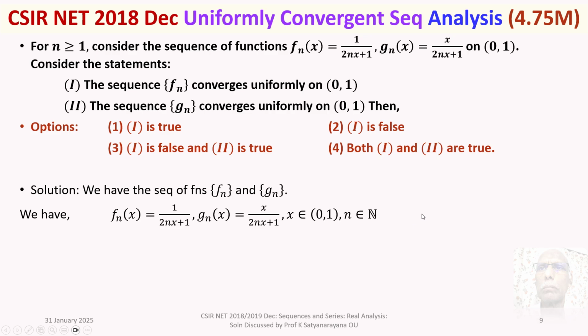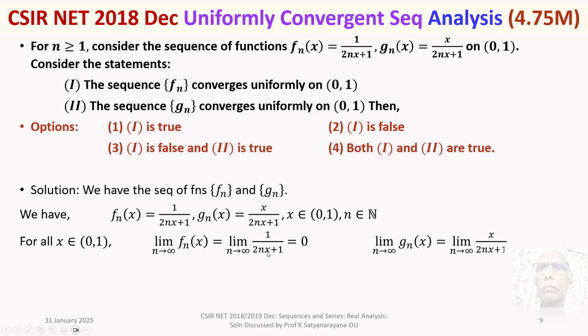Let's now talk about its pointwise convergence. For each x belongs to 0 to 1, limit n tends to infinity of f_n(x), which is limit n tends to infinity of 1 by (2nx plus 1), is 0. That means the sequence f_n converges pointwise to the zero function f, that is f(x) equals 0 for all x in (0,1).